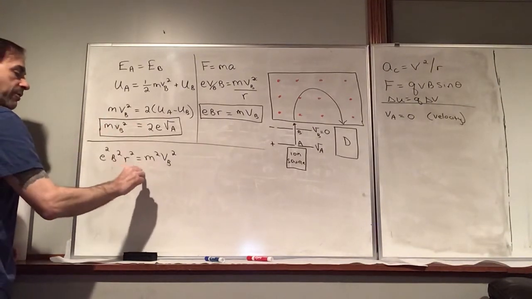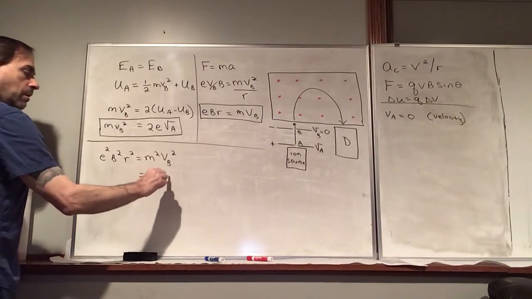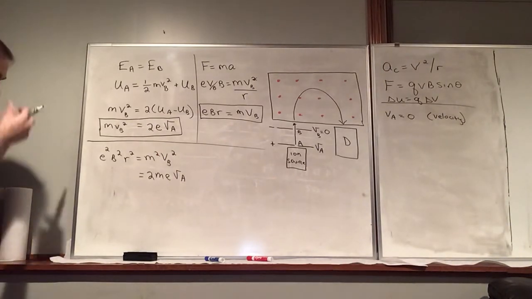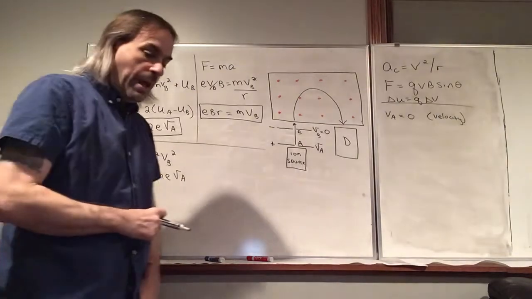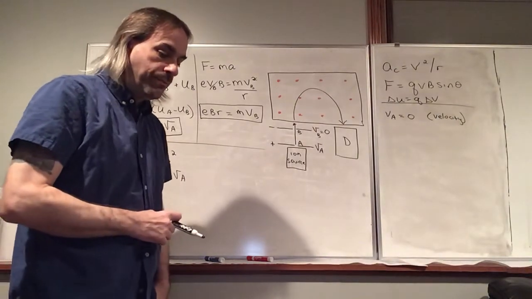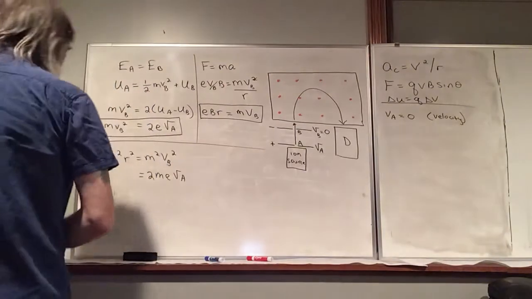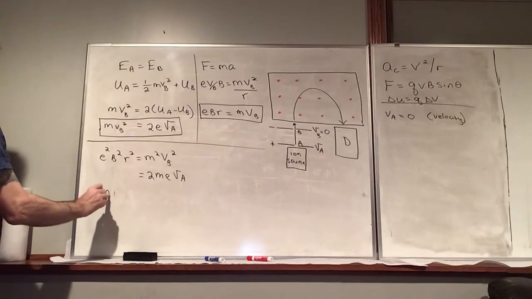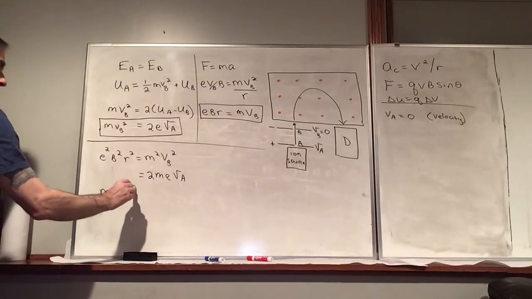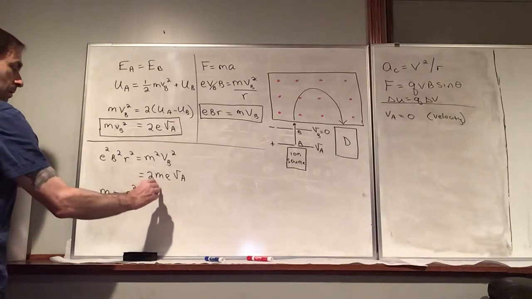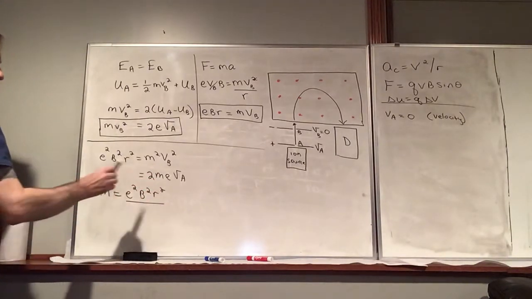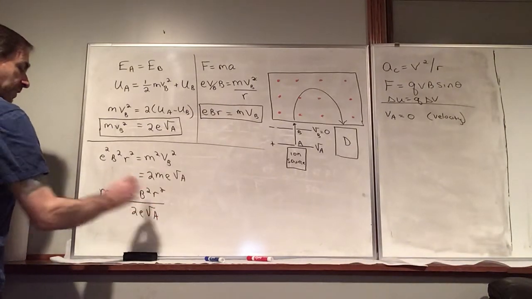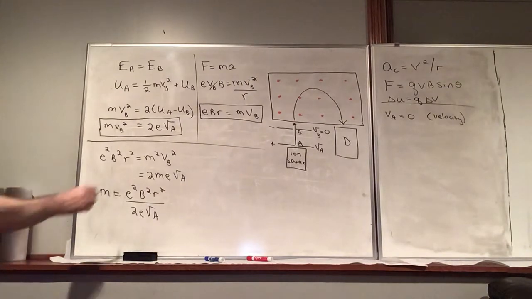And on the right side, we have 2m e times this accelerating potential. Okay. And ultimately, let's solve for the mass, actually. We're solving for the mass, so we divide by 2e VA. And we can get a little cancellation here.